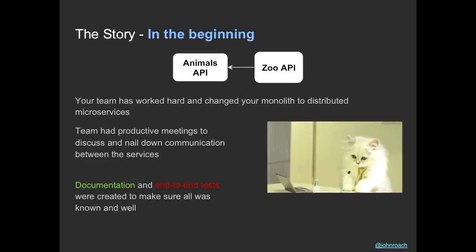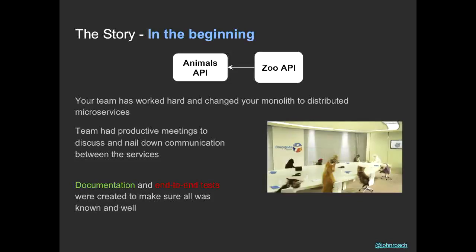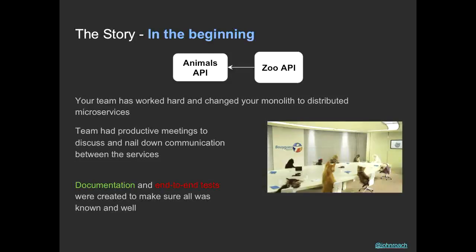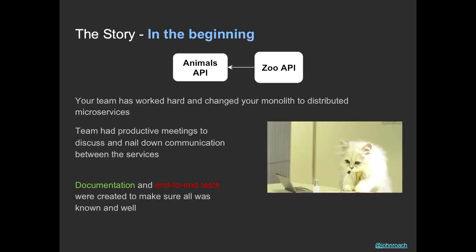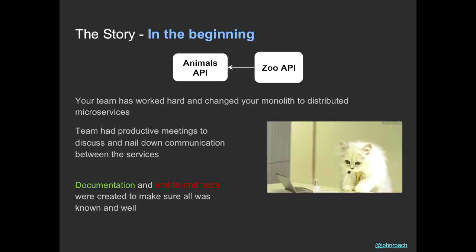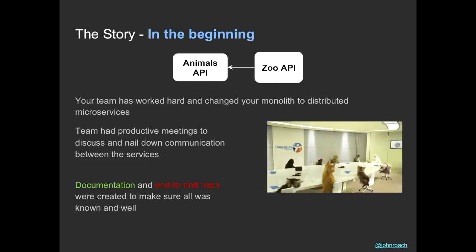So they separated out these concerns and created these small APIs. Here there's a zoo API and an animals API. The team had productive meetings. They discussed and nailed down the communication between these services and the requirements. They did some documentation. They created these end-to-end tests.